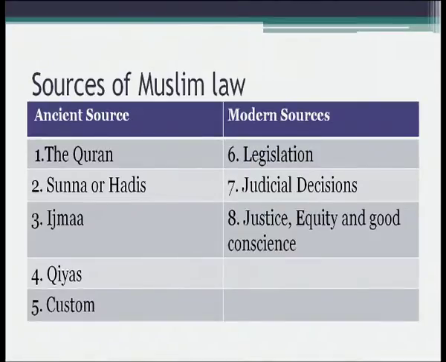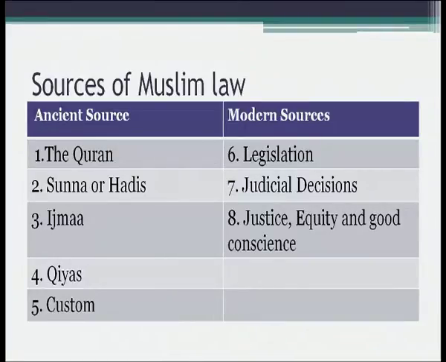Now, after this, friends, let us discuss what the sources of Muslim law are. Like Hindu law, we can divide the sources of Muslim law into two categories, that is ancient sources and modern sources. The first ancient source is nothing else but the Holy Quran itself, the pious book of the Islam religion.